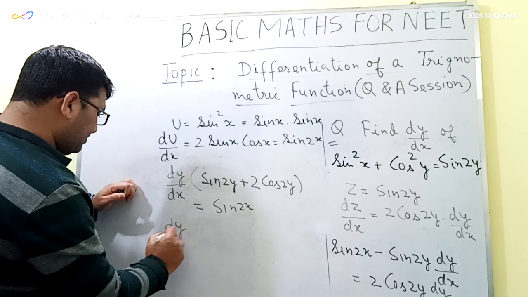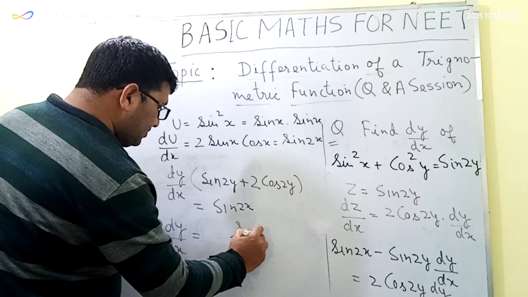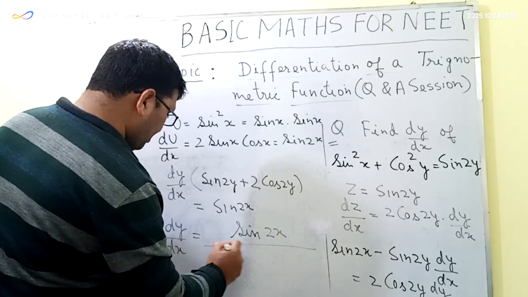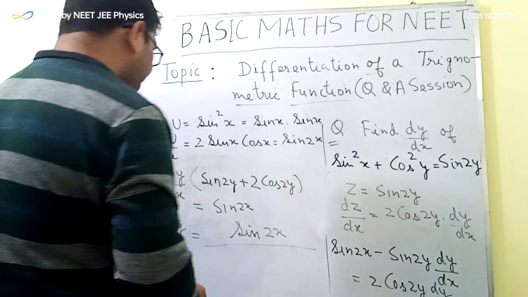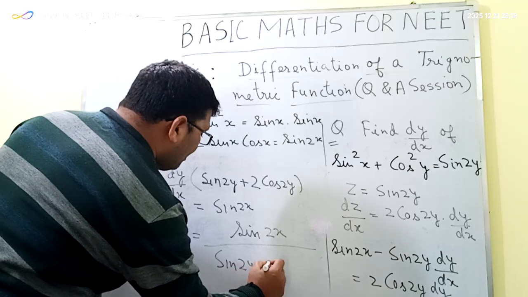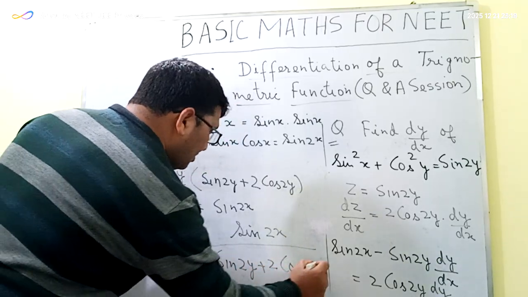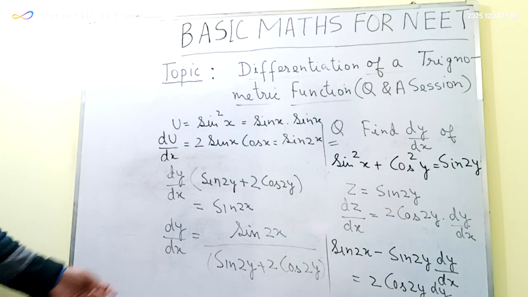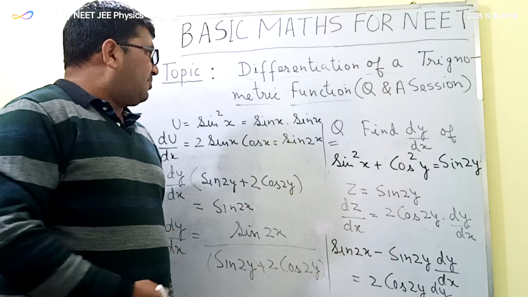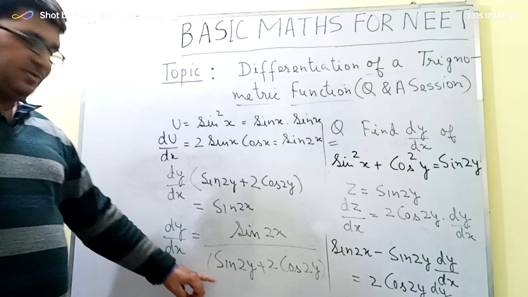So dy by dx will be equal to sine 2x divided by sine 2y plus 2 cos 2y. So the value of dy by dx of this trigonometric function will be equal to sine 2x divided by sine 2y plus 2 cos 2y.